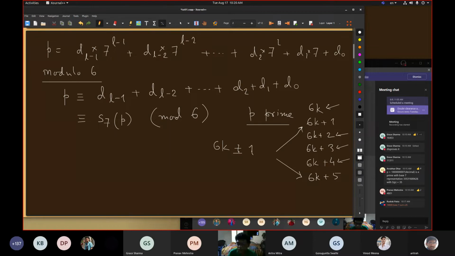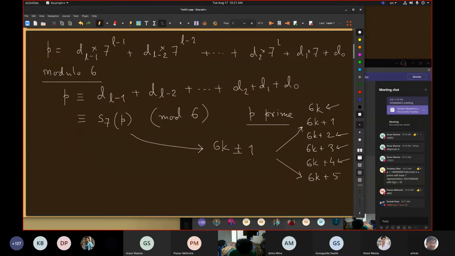But P and S7P are of the same form when I divide by 6. So S7P is also of the form 6k plus minus 1.